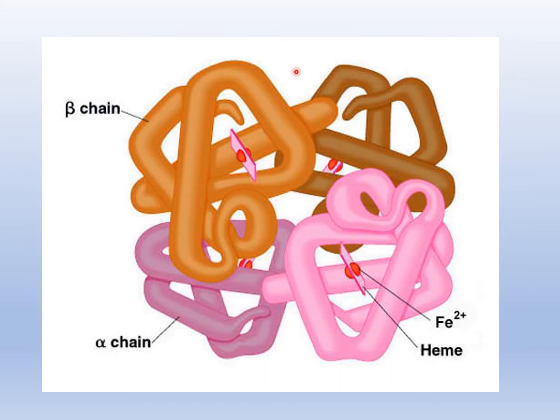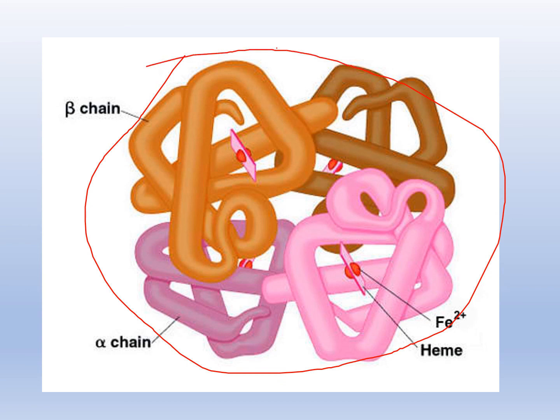For example, we have hemoglobin. This is how hemoglobin would look like, and hemoglobin is actually composed of 4 subunits.